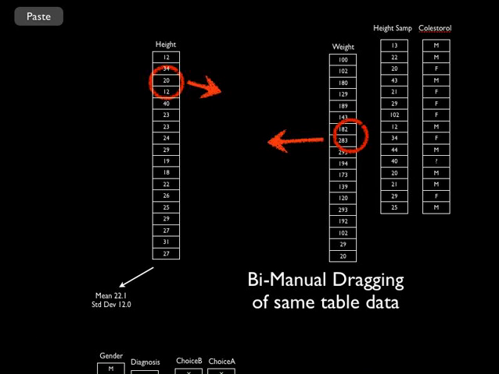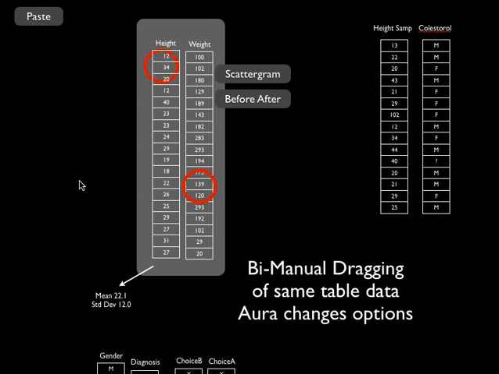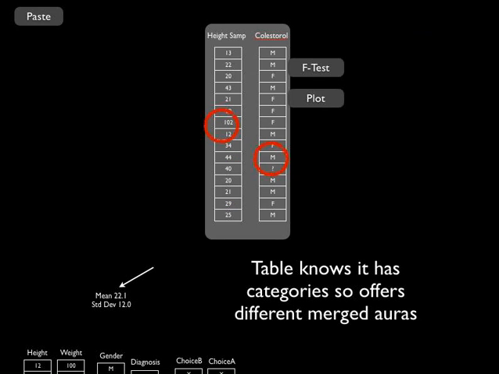If you drag two columns together from the same original table, then you'll get, again, different types of options, like for example plotting them on a scattergram, or it might think they might be before and after data, so it offers to do a before-after statistical test.